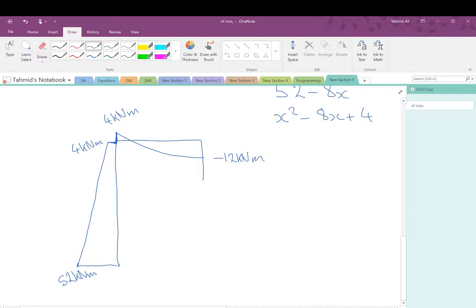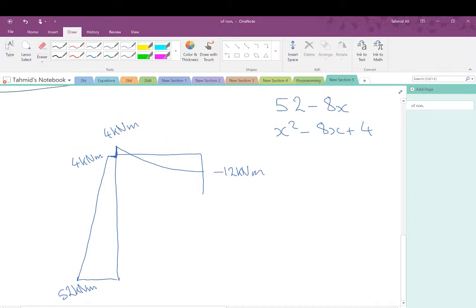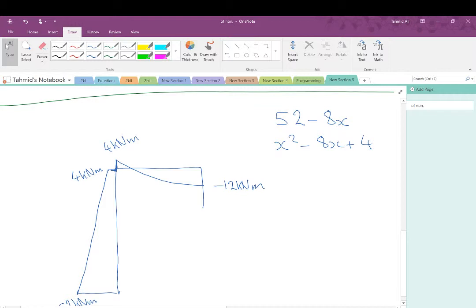Now let's start with the last equation. The last equation was 8x minus 12. Now it makes sense, if I put 0 into the equation, I get minus 12, so that makes a lot of sense. And since it's the inside of the frame, I must also start from the inside of the frame. Now if I put 1.5 into it, it's 8 times 1.5 minus 12, which gives you a value of 0.